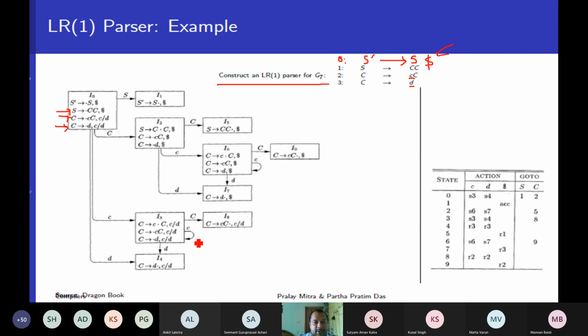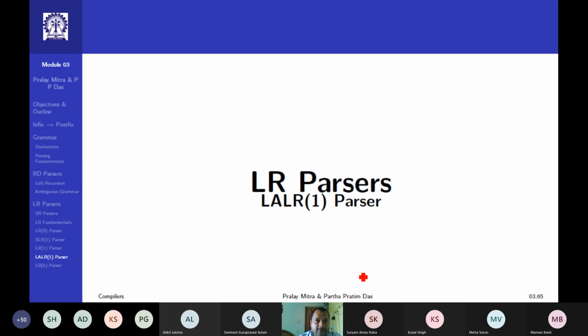So I am not going into details. I believe that based on what we have discussed so far, you can figure out how this state transition diagram is done and how the states are constructed. If you have any problem you can tell, we will discuss later.